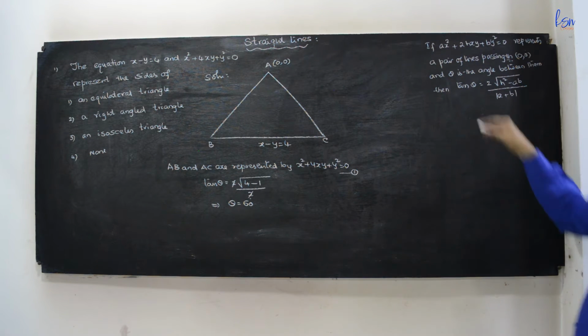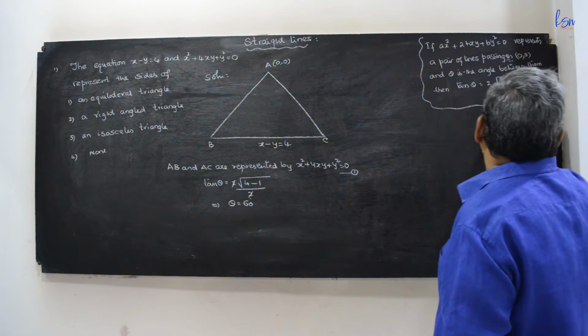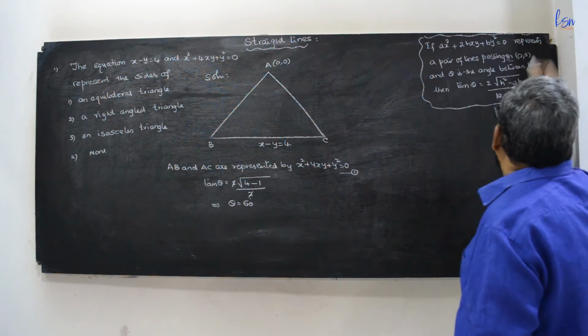So this is the formula for the angle between the two combined lines or a pair of lines.